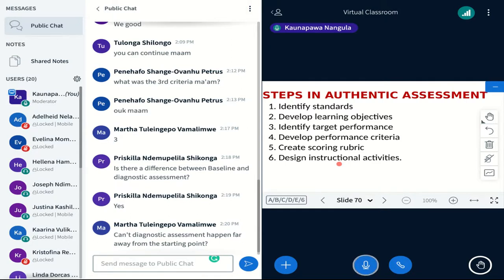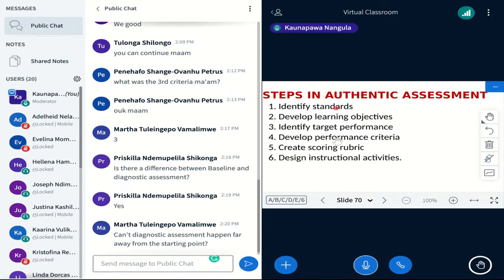And then with those criteria, you create a scoring rubric. All right. A scoring rubric. How do you call it? So we've got scoring rubric or scoring checklist that you're going to use when you're assessing their performance, and then design an instructional activity.